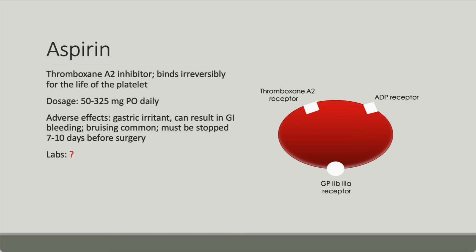So platelets live 120 days or so, 100 to 120 days. And when they hit aspirin, aspirin attaches to that thromboxane A2 receptor site irreversibly. It cannot jump off of there. So that platelet is going to be slippery and won't play well in coagulating with others.